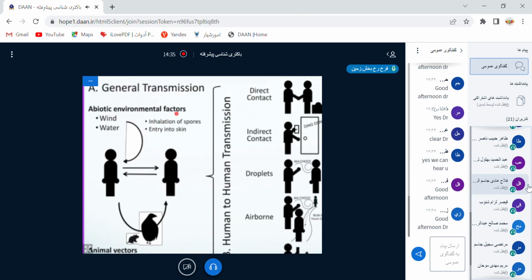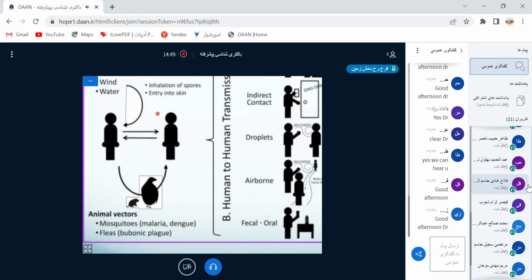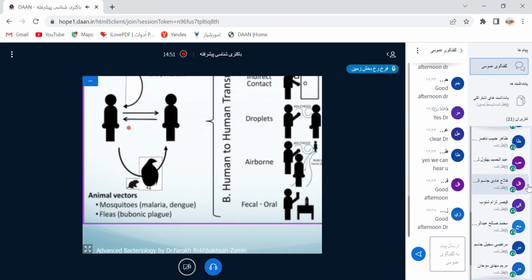It can be transmitted by abiotic environmental factors like wind, water, inhalation of spores, and entry into the skin from one person to another, or by animal vectors like mosquitoes, like malaria, dengue, and fleas like bubonic plague.